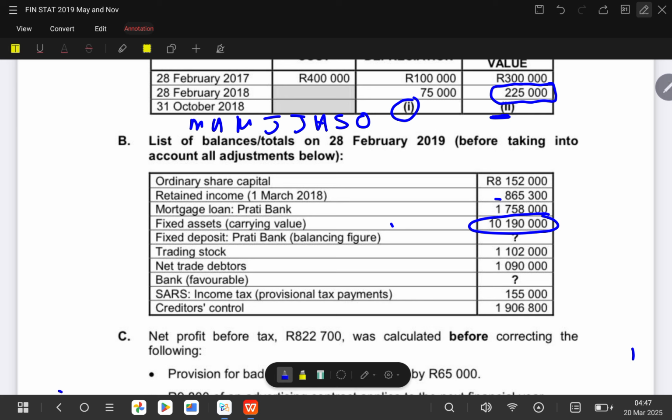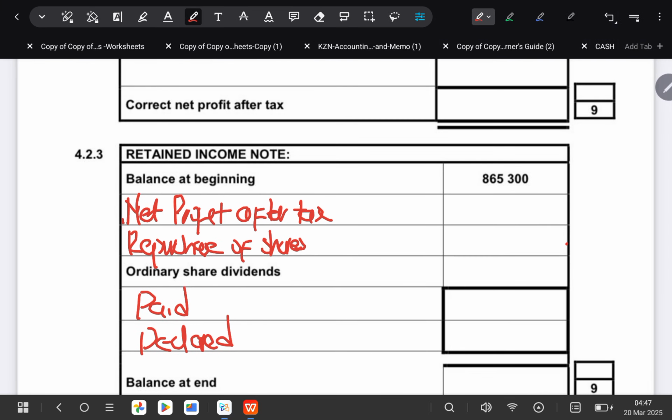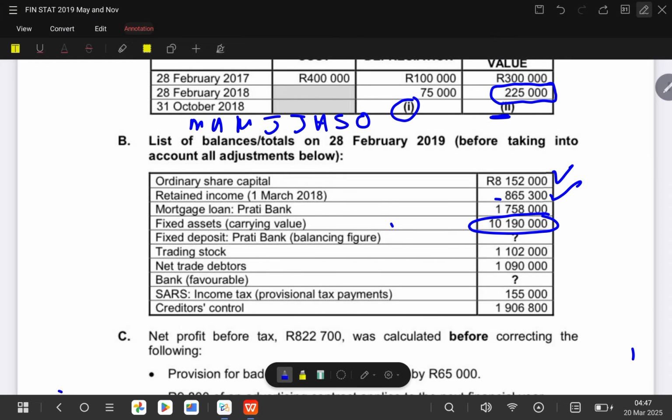So let's start here. Our mortgage loan at the beginning of the year is 1,758,000. Our ordinary share capital of 8,152,000 has already been entered for us. The retained income balance has already been recorded for us, if you remember. We go to the next one.